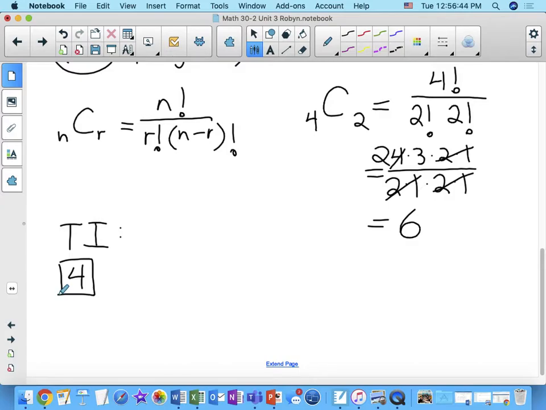Okay, and then which button did you have to press to get like the factorial button? The math button, that's right. So you got to hit the math button, which is right under the second one, like it's 2 ones under the second one. And then what do you have to do? Right, so go arrow, arrow to probability.